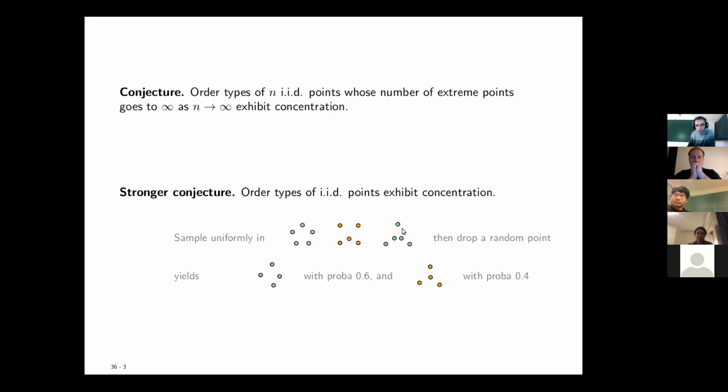And here you can do the computation, okay? And when you sum them up, you get that this guy shows up with probability 0.6 and this guy with probability 0.4. And this phenomenon, we believe, is actually amplified, right? And that's why taking points that are identically distributed doesn't seem to be such a good idea in general, but we can't prove it, of course.